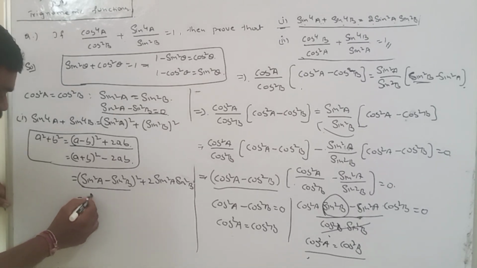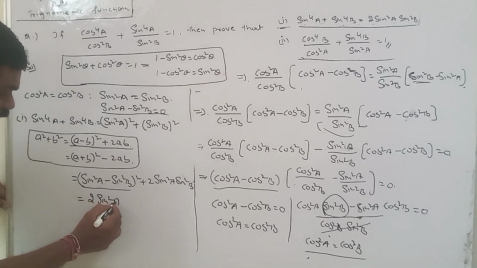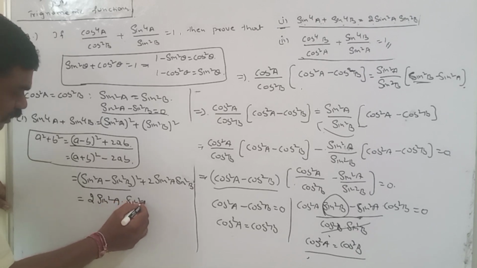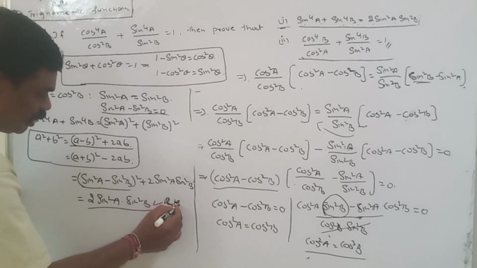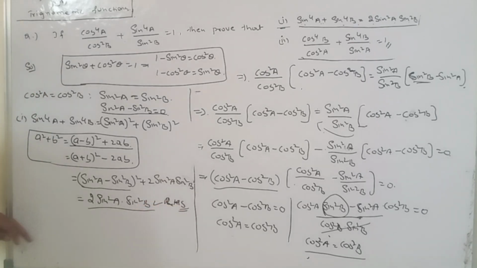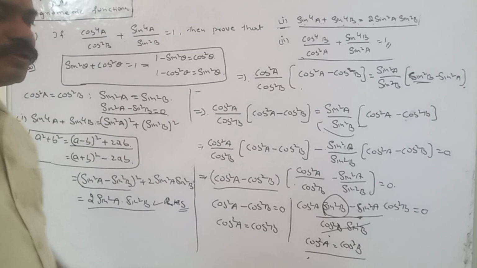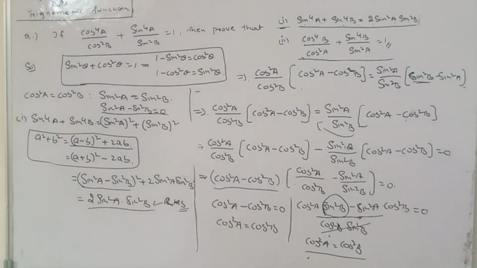So we will have 2 sin²A sin²B, which is the RHS of the condition. Hence we have proved the first problem.